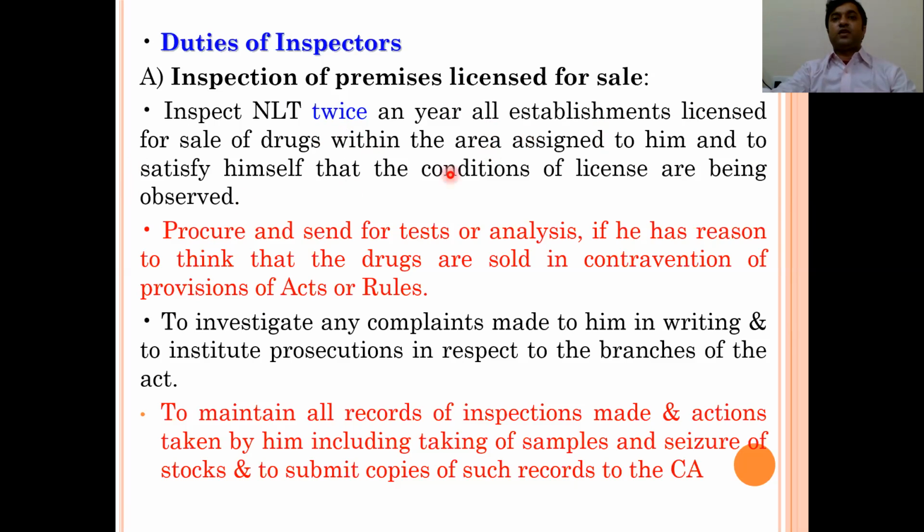To satisfy himself that the conditions of licensing are being observed, he procures and sends for testing or analysis if there is reason to think that drugs are sold in contravention of the provisions of the Act and rules. If they are not following the provisions of the Act and rules, he can procure the sample and send it for testing and analysis. He can investigate any complaint made to him in writing, and institute prosecutions in respect of breaches of the Act.